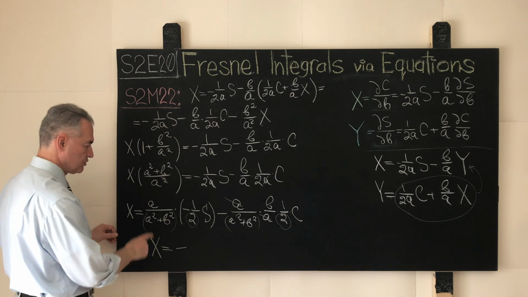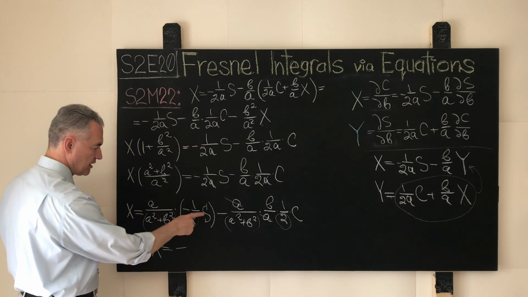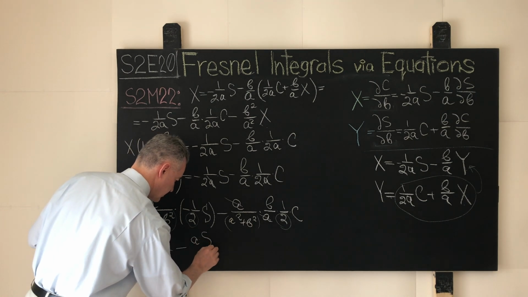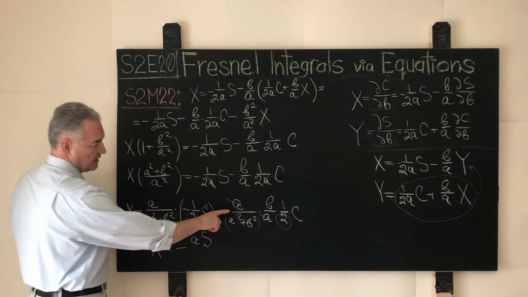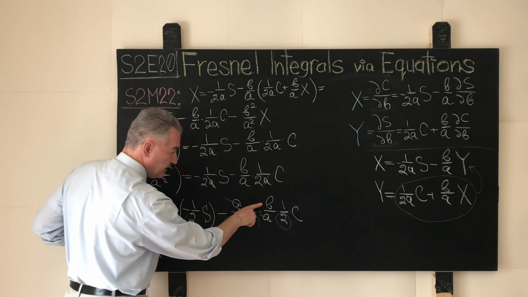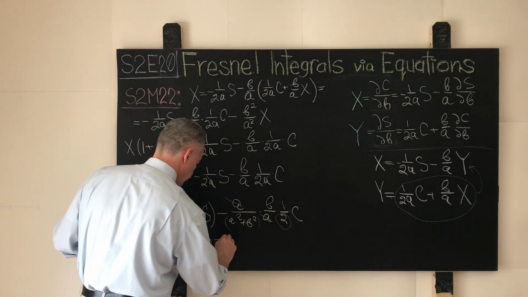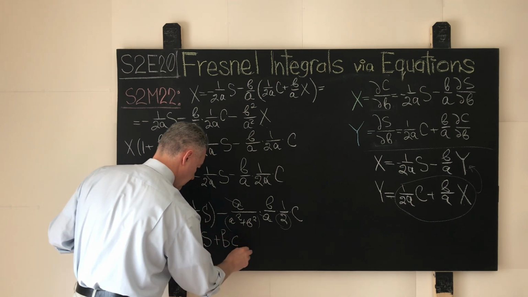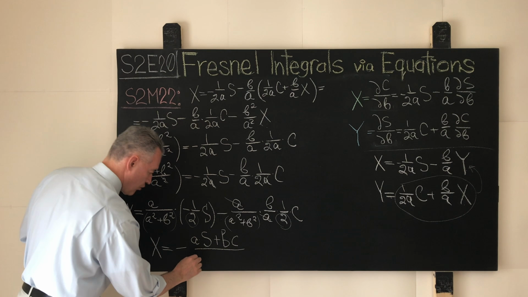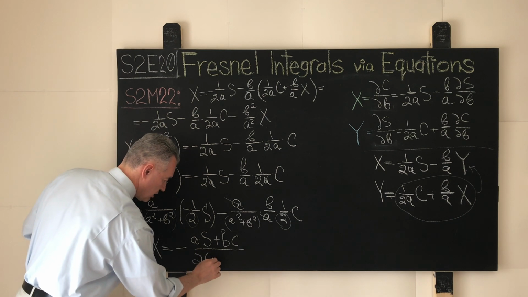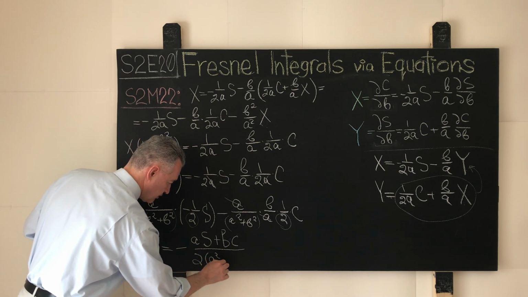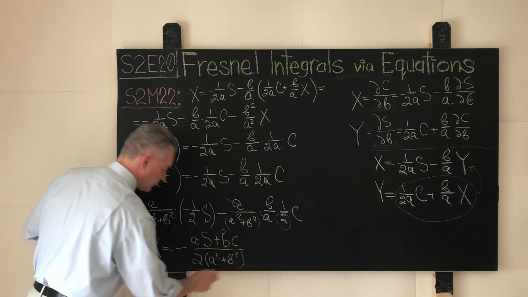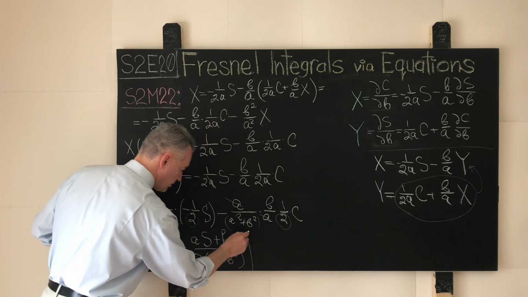What do we have? A times s, so we write down a times s. Here, what is left over? B times c, wonderful, plus b times c over what? Over 2 times a squared plus b squared.